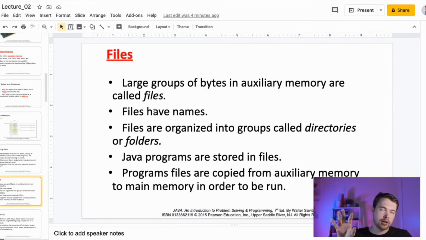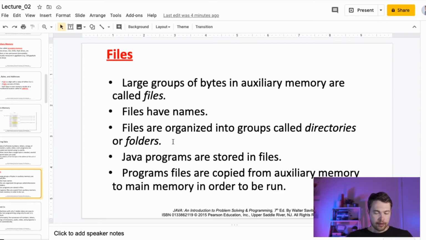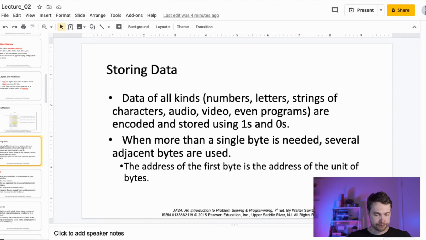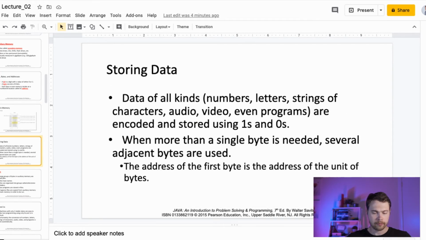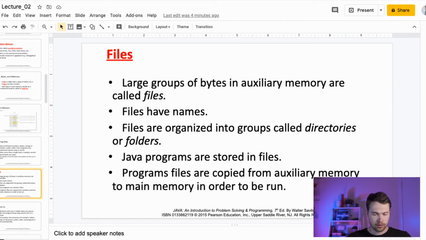Java would be the extension, and homework1 would be the name of the file. Program files are copied from auxiliary memory to main memory in order to be run.